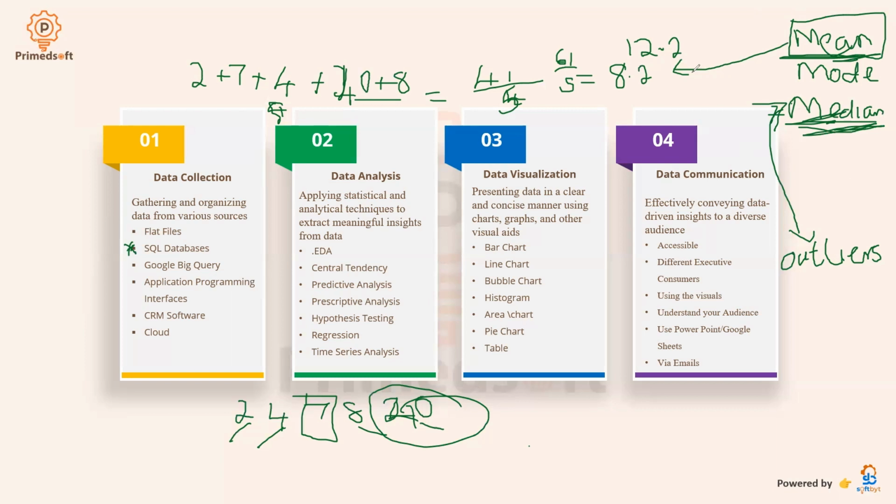Discuss it. This outlier could be one client who has so much money. Every other person's budget is within this, like 4 million, 7 million, 2 million, 8 million. But one person came and spent 40 million. So you can't just delete this.